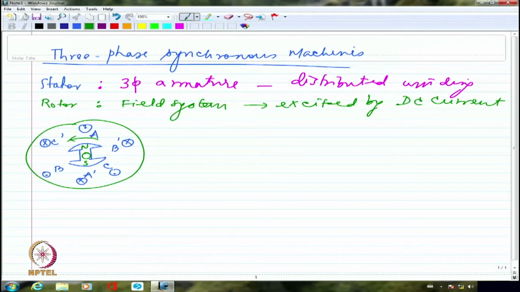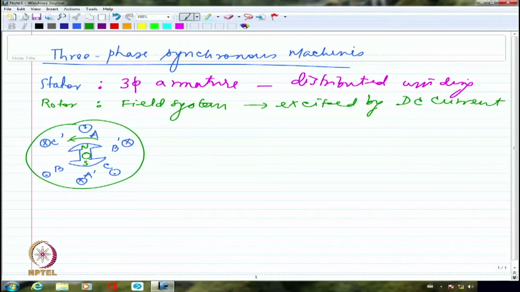Similar thing will happen in the case of the synchronous machine as well. That's why I said, when we discussed the induction motor stator structure, that the stator structure is absolutely similar when I compare the induction machine stator with that of the synchronous machine stator.